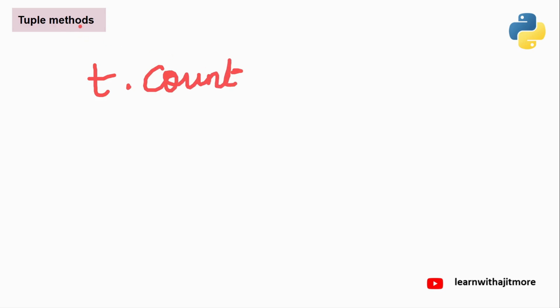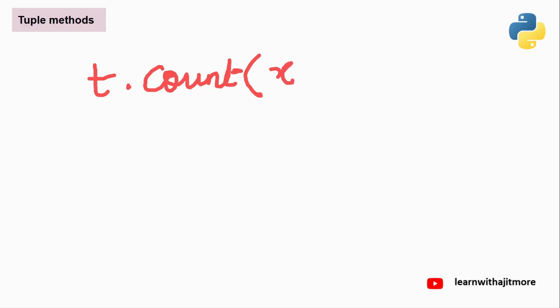Because to call it, I'm using an object with a dot operator, a tuple object. Meaning you're calling this function in the context of a tuple object with a dot. So anything you call with an object using the dot operator is a method. It belongs to that tuple class.